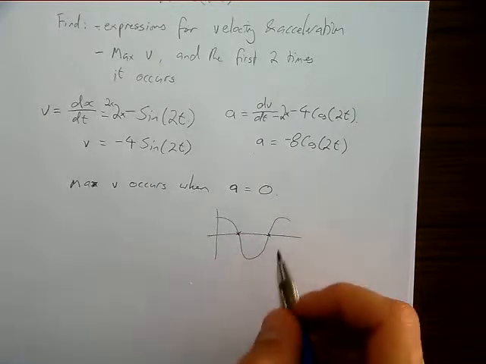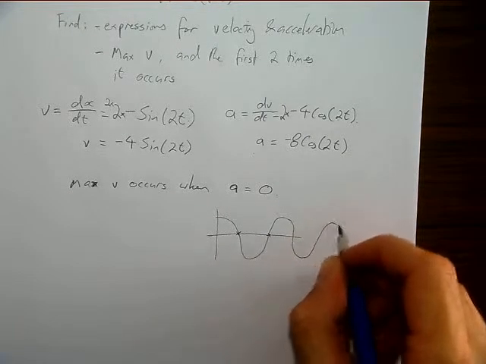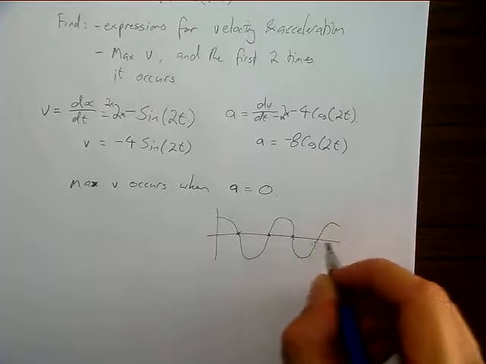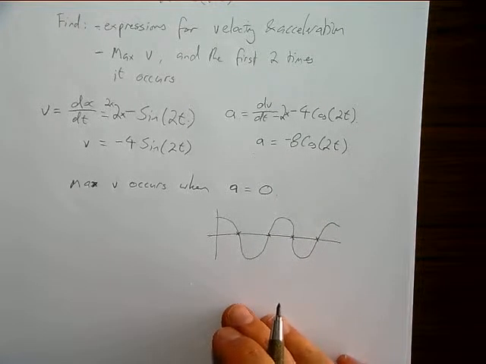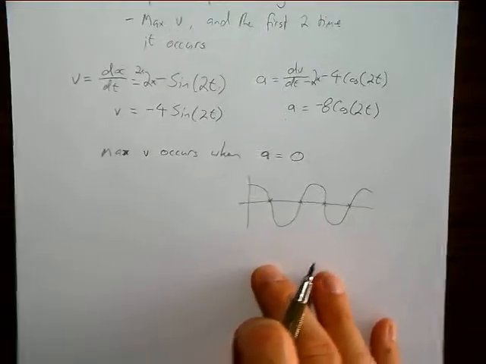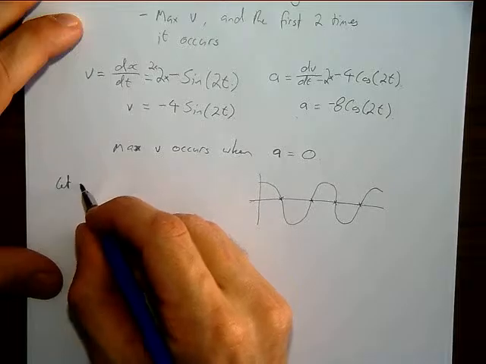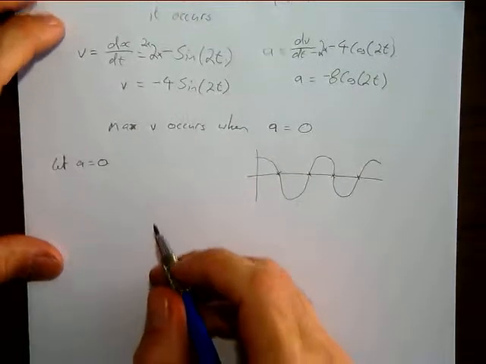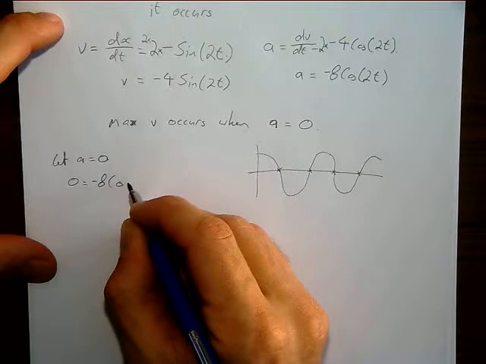So we're going to have a min and a max. So I need to find really my first 4 solutions for acceleration. So I'm going to let a equals 0. So I have 0 is equal to negative 8 cos of 2t.